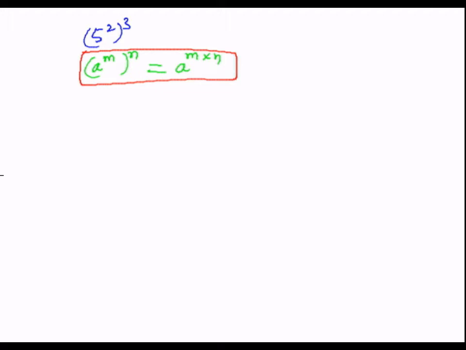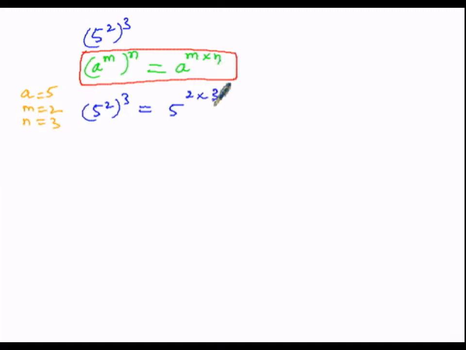So here a is equal to 5, m is equal to 2 and n is equal to 3. Then (5 to the power of 2) whole to the power of 3 is equal to, with base a, the result is a to the power of m into n. a is 5, to the power of m into n, m value is 2 into n value is 3.